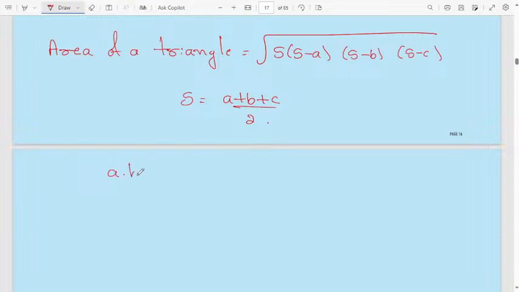Then what is meant by a, b, c? a, b, c are the lengths of the sides. That one you have to remember.